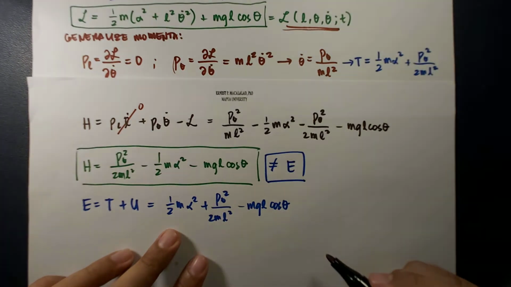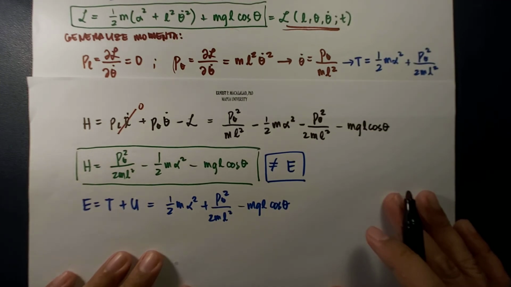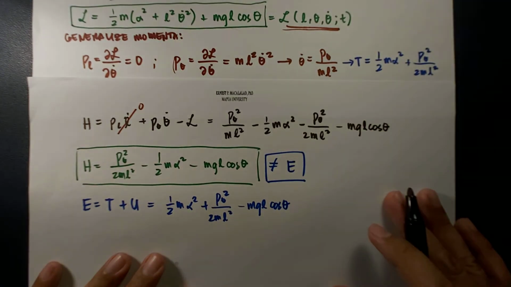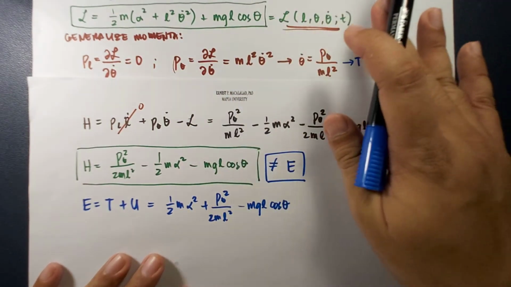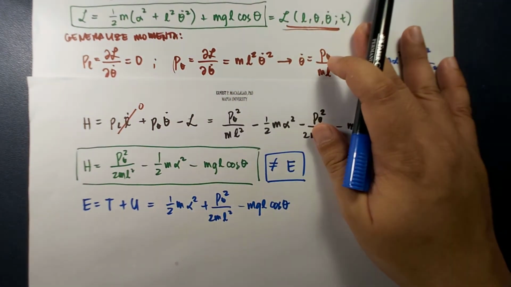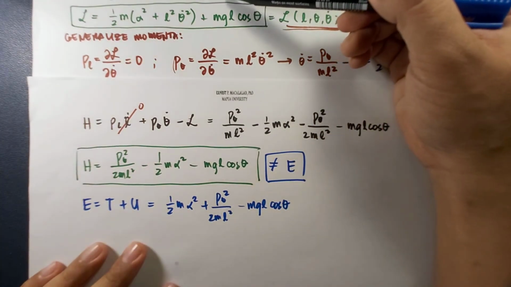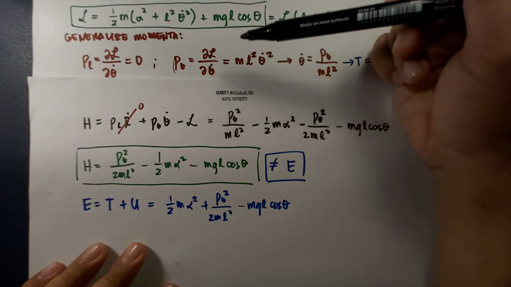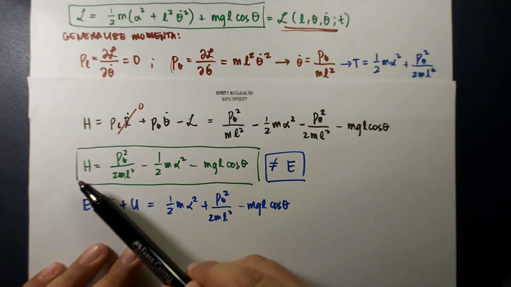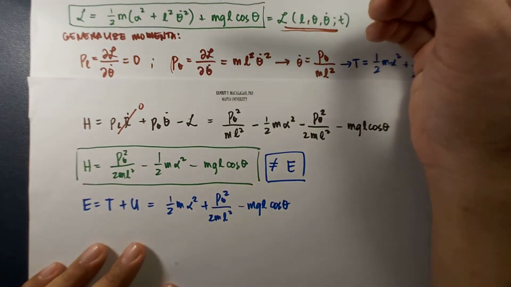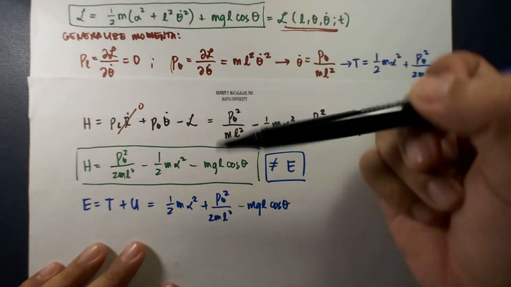That's because L in this case changes with time, so there's an implicit dependence on the velocity in your potential energy.